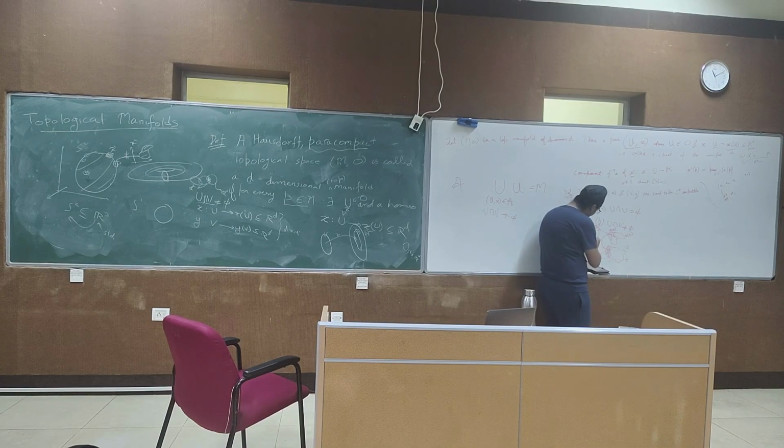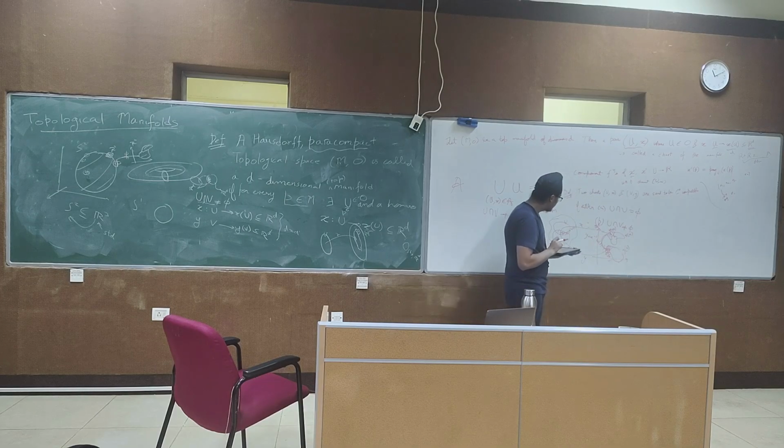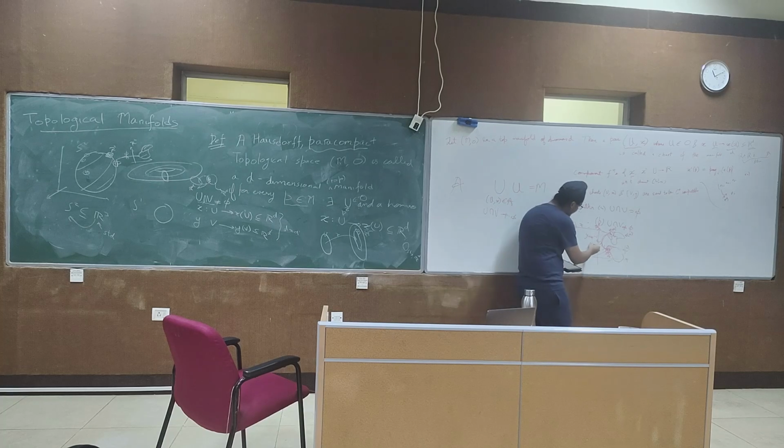Then Y composed with X inverse is a map from here to here. It takes X of P as its input and gives Y of P as its output. Now I am saying that these maps are compatible only if this function is continuous.